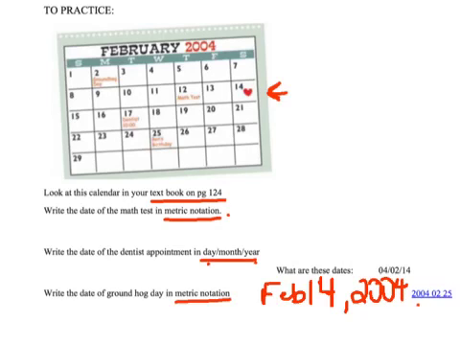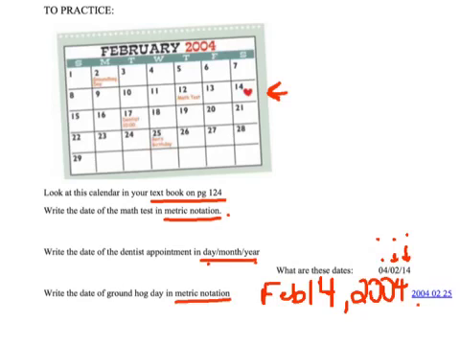Okay, because we know from this calendar that this has to be our month. This definitely has to be our day, because we can't have that as our year or month at this point, which makes this then our year. So here this is in metric notation, year, month, day.